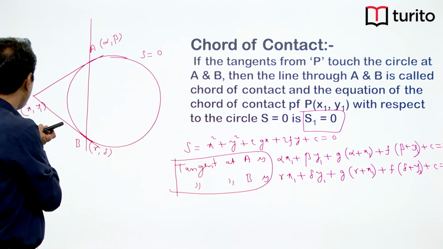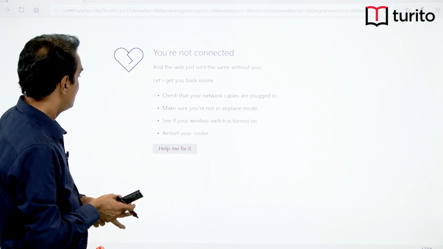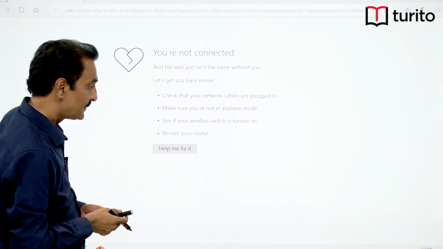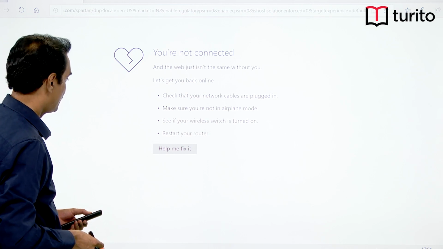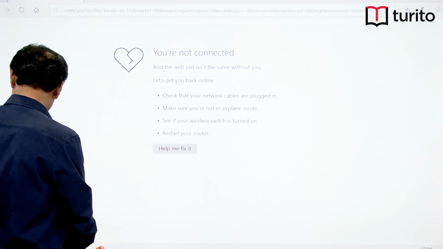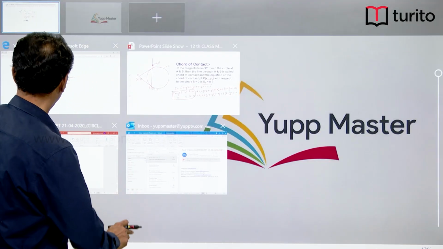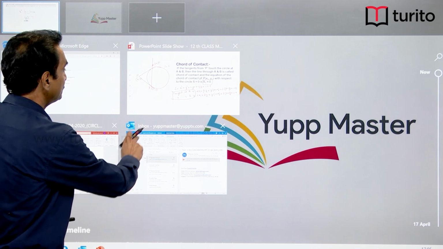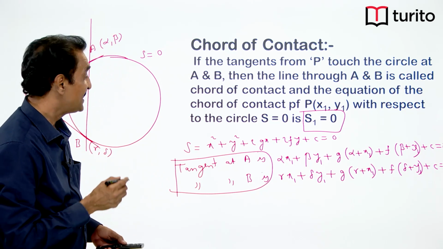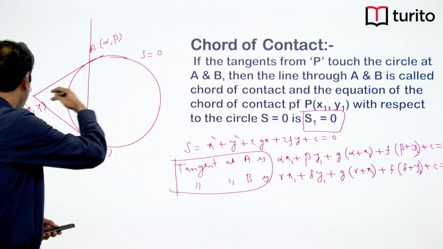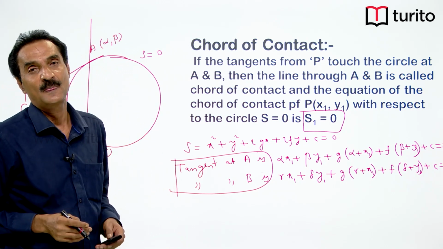If the tangents from P touch the circle at A and B, or if the tangents at A and B intersect at P, these two are the conditions. Now I want the equation of AB.